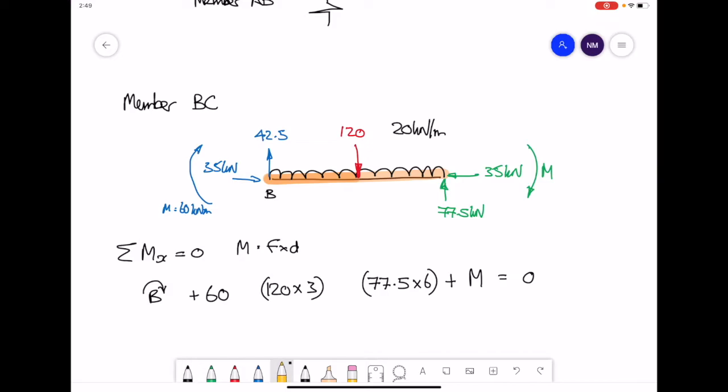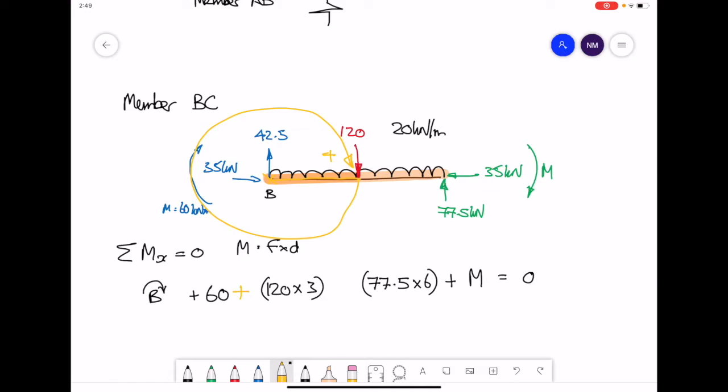So again, consider each force on a piece of string. You're holding the piece of string at your point B, and in this case the 120 point load in the middle representing the UDL is allowed to freely rotate. How does it rotate round? It wants to rotate round in a clockwise direction, therefore is a positive moment.